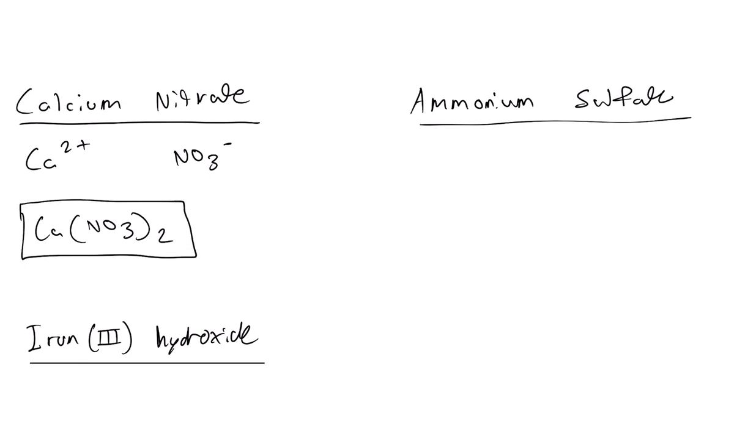Now let's try ammonium sulfate. For our given, ammonium is NH4+, and our sulfate is SO4 2-. We're going to need 2 ammoniums to cancel out 1 sulfate.